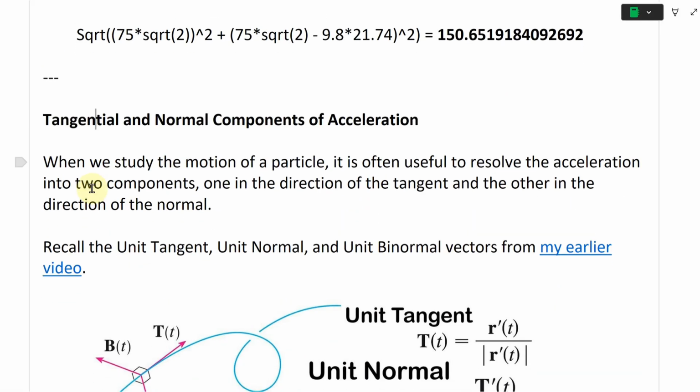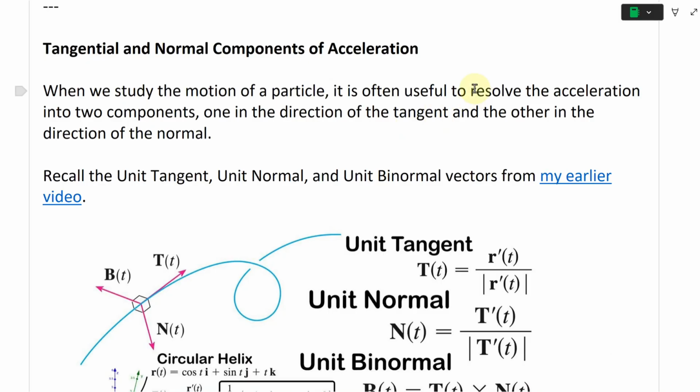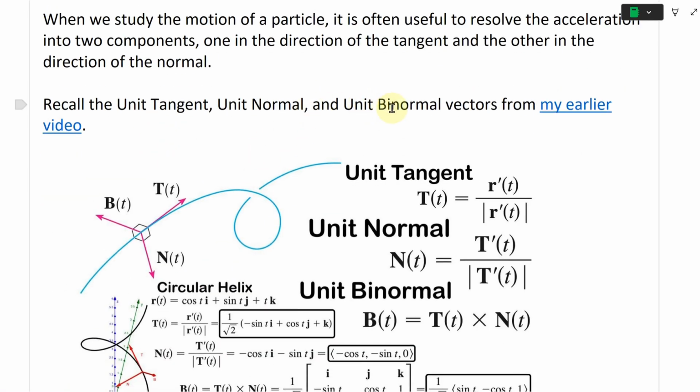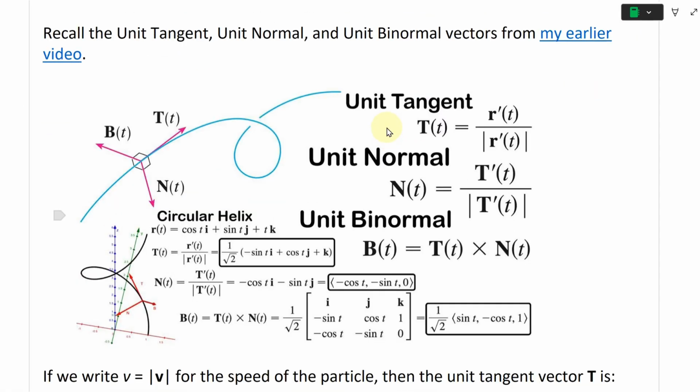Anyways, when we study the motion of a particle, it is often useful to resolve the acceleration into two components, one in the direction of the tangent and the other in the direction of the normal. So first, recall the unit tangent, unit normal, and unit binormal vectors from my earlier video. They're called unit because they all have length 1, since you take the vector and divide it by its magnitude.